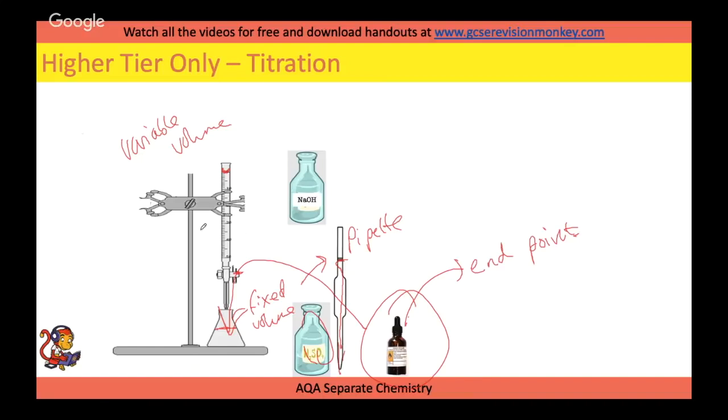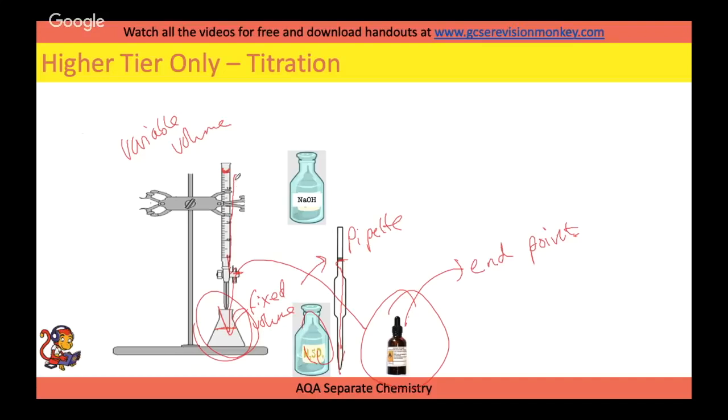So once you've done this setup, you can look through the method in more detail in the required practicals if you want. But you've put your acid in here, for example, your alkali in here with your phenolphthalein, and you're going to slowly turn the tap. You're going to do a rough titration first of all. You're going to allow it to go quite quickly out and see where there's an approximate endpoint.